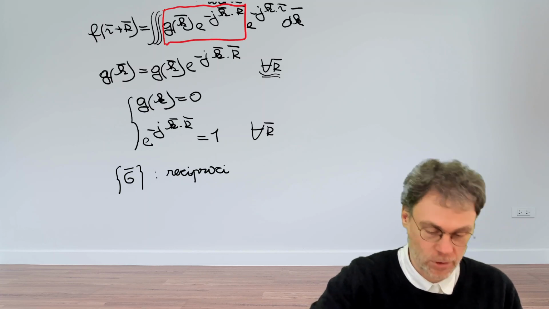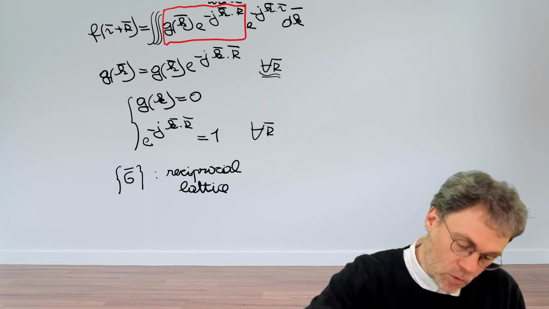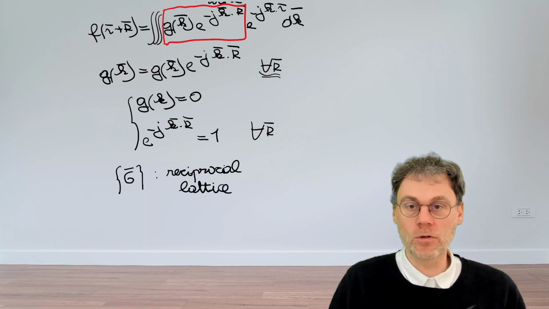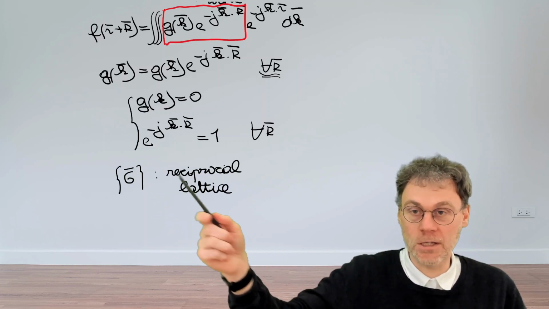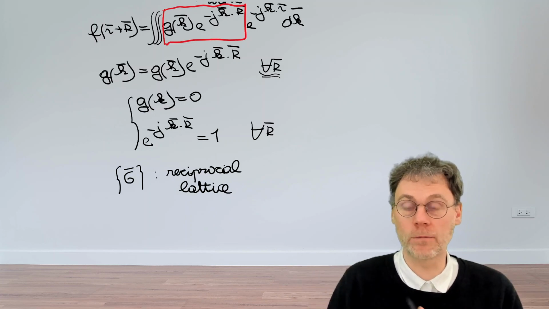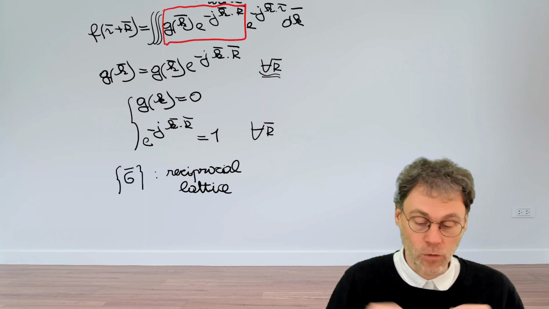So reciprocal lattice vectors. Why do we call them like this? Well, there's an exercise that you can do where we show that this family of k-vectors is actually again a lattice, meaning if you take integer linear combinations of them, you again end up with a member of the same family. And why are they called reciprocal?